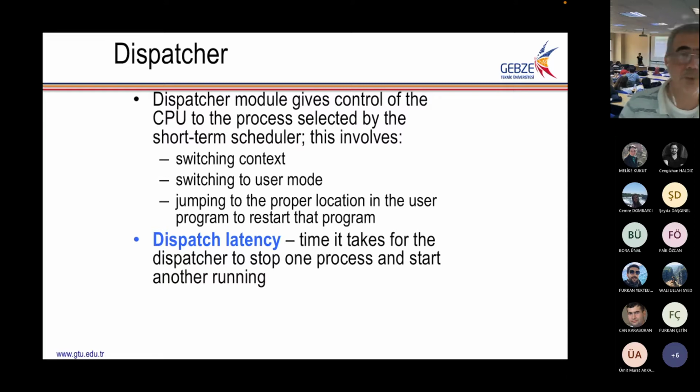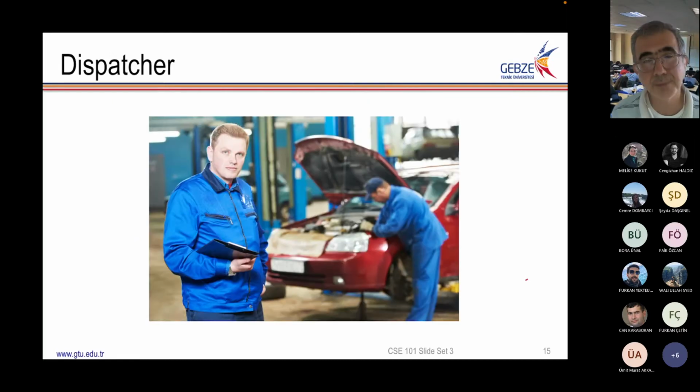So starting, stopping, and controlling the context is controlled by the dispatcher. The dispatcher is more intimate with the mechanic. So he can control what's going to go and what was left. So context will also be controlled, rather than general scheduling.